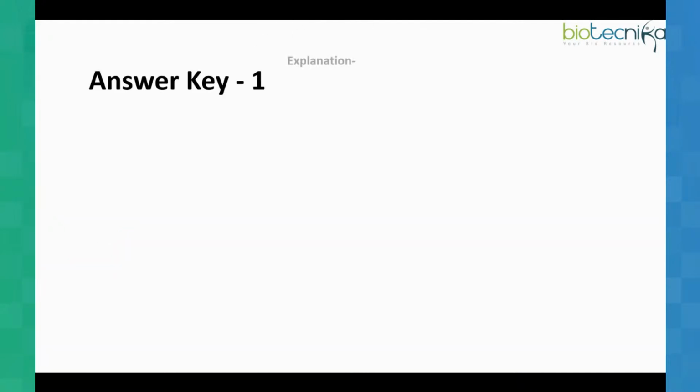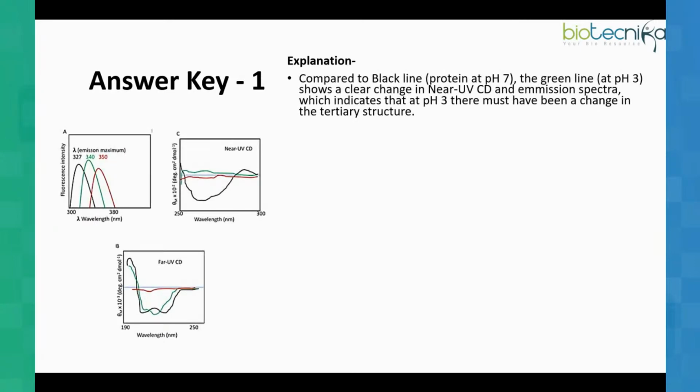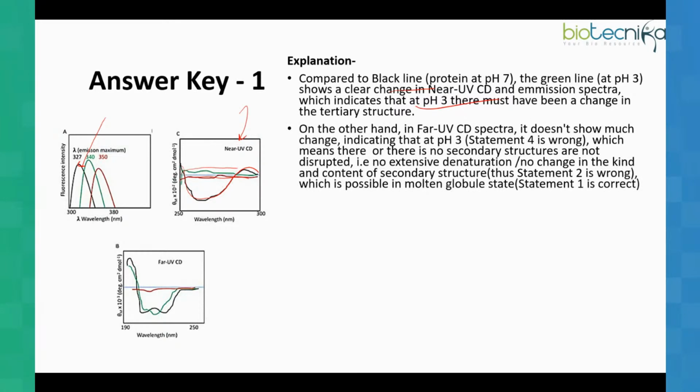So obviously the answer is option 1, because when you compare with the black line, that is protein at pH 7, the green line shows a clear change in the near UV spectra. If you see, the black line is here, the green line and the red line show a clear, complete change, which indicates that at pH 3 there must have been a change in the tertiary structure.